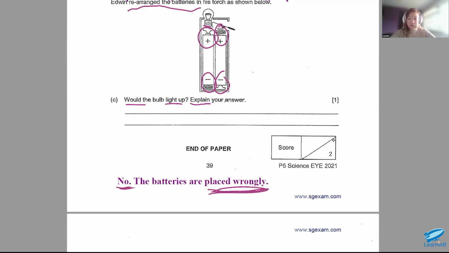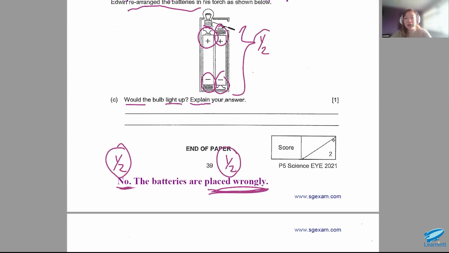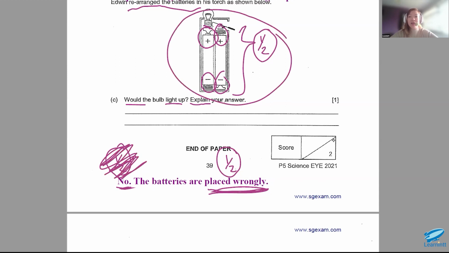Where do you get the full mark? If you want to put half a mark for the word no, we can understand. But placed wrongly is actually the main one. It's more of writing that it is placed wrongly and understanding whatever is being drawn here. Understanding and interpreting the diagram correctly is the half mark.